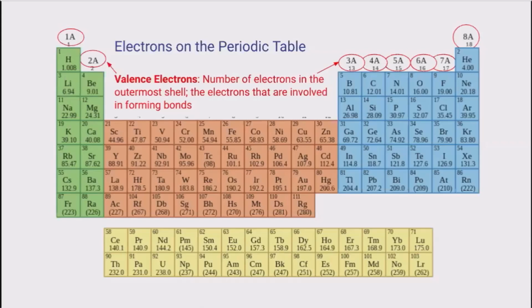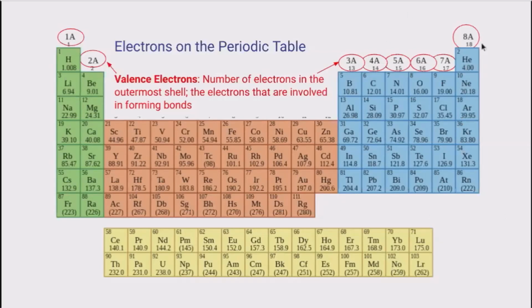So for group 1, they only have 1 valence electron. For group 2, they have 2 valence electrons. We skip the transition metals, which I'll explain later why. And then we'll move on to group 13, which only has 3 valence electrons, and etc. 4, 5, 6, 7, and 8.